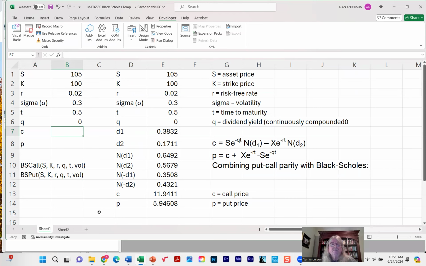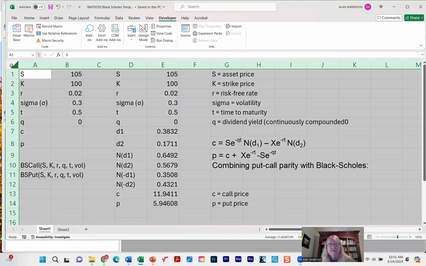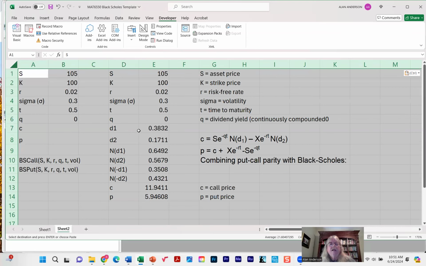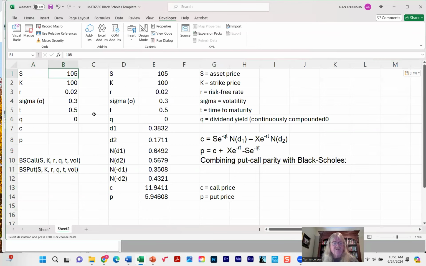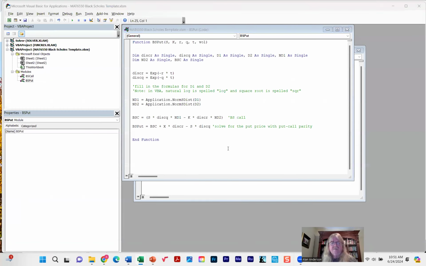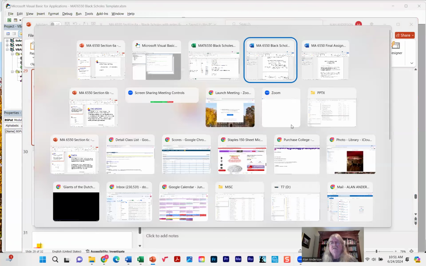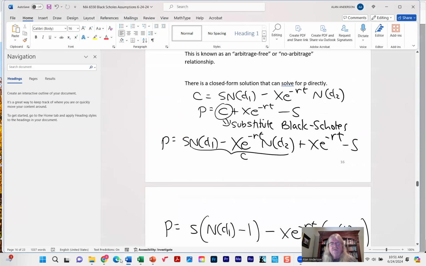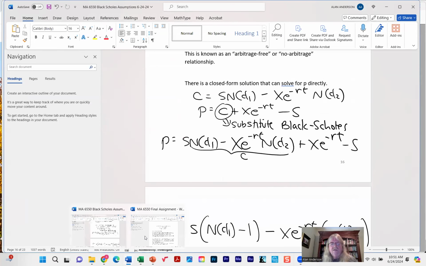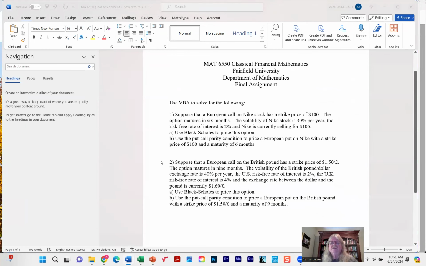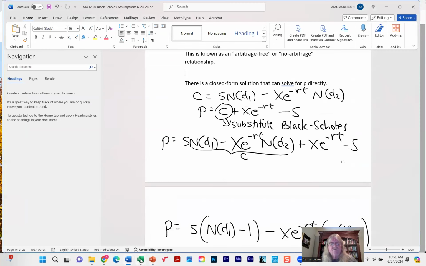Now, there's two of them. I'll put all of this onto the second sheet. And the only thing I have to change is these details. If you look at your assignment, here it is. This time, it's a call on the British pound. The strike is $1.50 per pound.